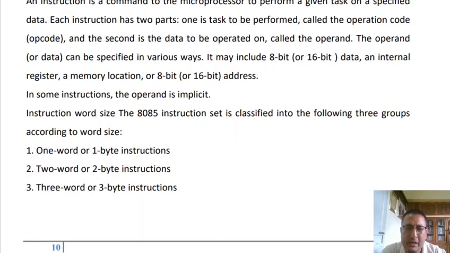There are three types: one-byte, two-byte, and three-byte instructions. In a one-byte instruction, the opcode and the operand are represented in the same byte. In a two-byte instruction, the first byte is the opcode and the second byte is the operand. In a three-byte instruction, the first byte is the opcode and the latter two bytes are the address.